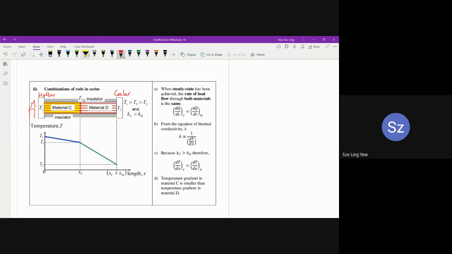If the question tells you the two rods have already reached a steady state, then we can say the rate of heat flow through both materials is the same.